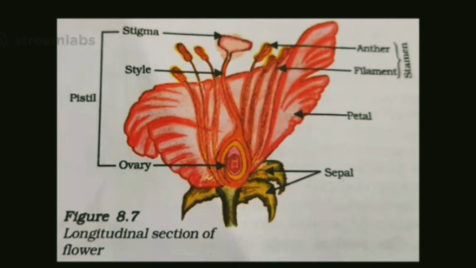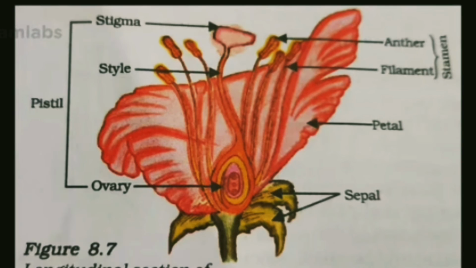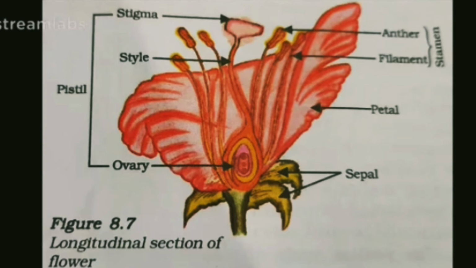Now, angiosperms divide into two types, monocots and dicots. Monocots have only one cotyledon, example ragi, wheat, rice, etc. Dicots have two cotyledons. All the pulses we use for preparing sambar are examples for dicots.